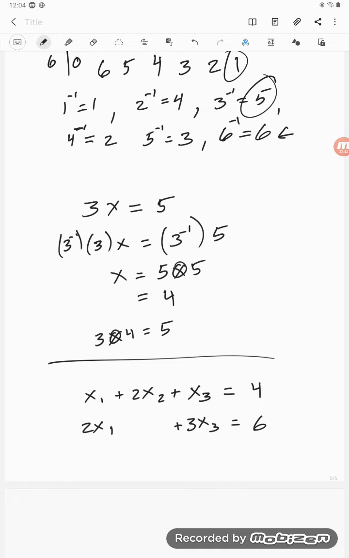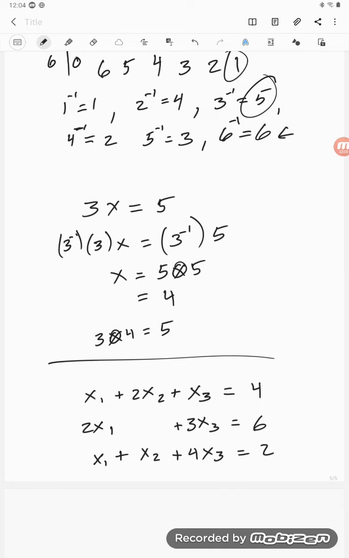And well, let's add one more row in here just for the heck of it. And let's do x1 plus x2 plus 4x3 equals 2. Okay, so we'll have that.